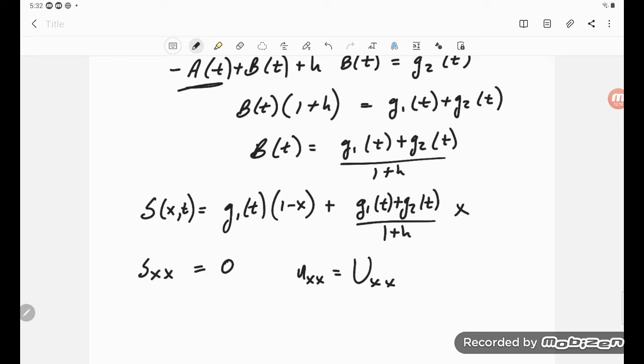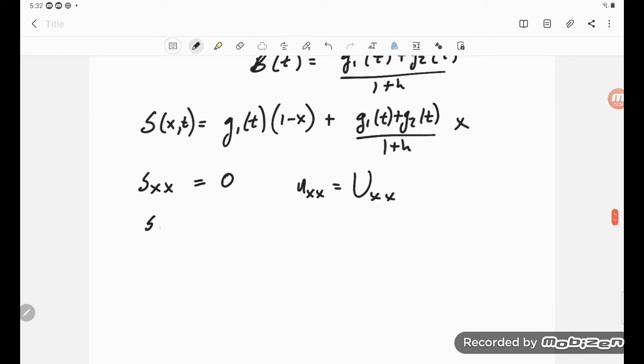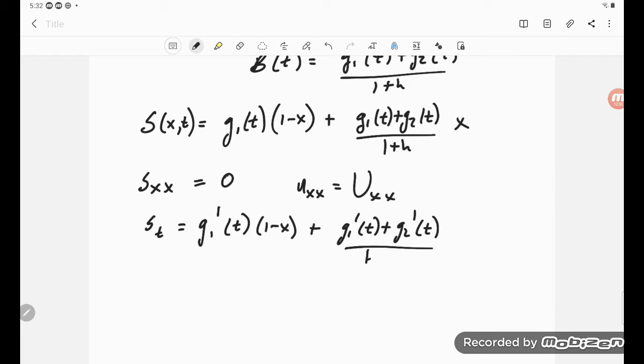So that's all fine. But unfortunately, not the case with S sub t. S sub t is equal to G1 prime of t times 1 minus x, and then plus G1 prime of t plus G2 prime of t all over 1 plus h, all times x.